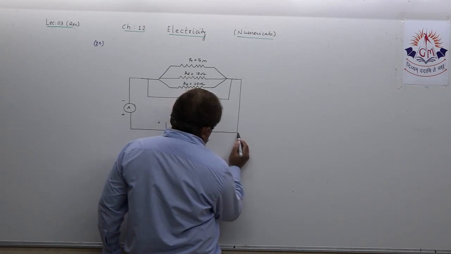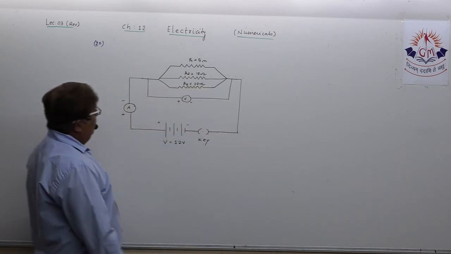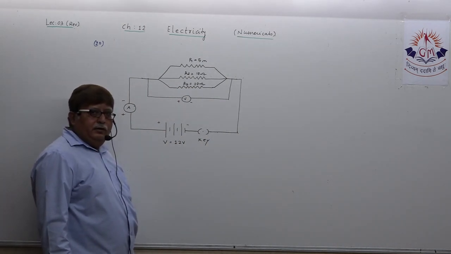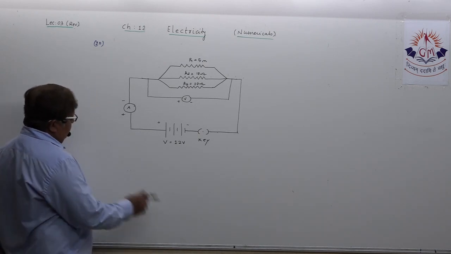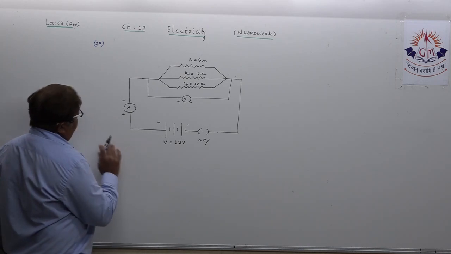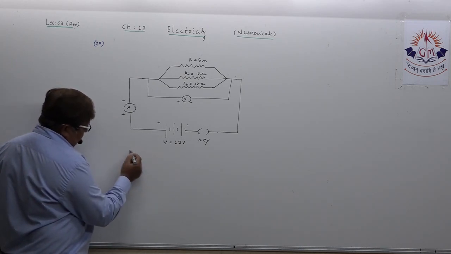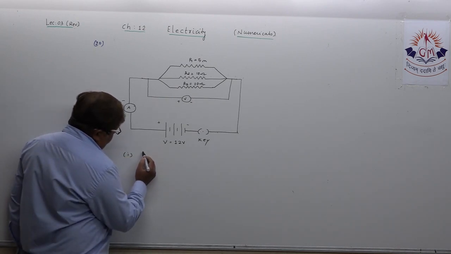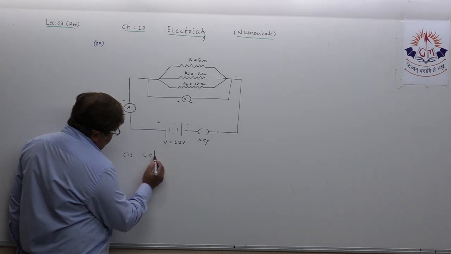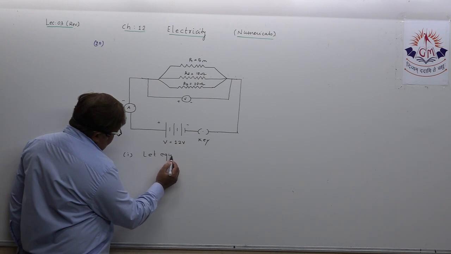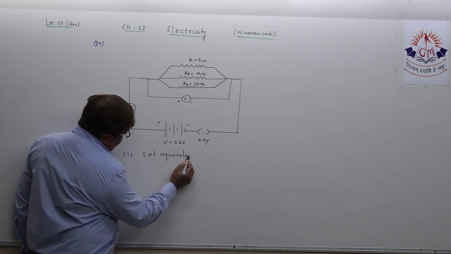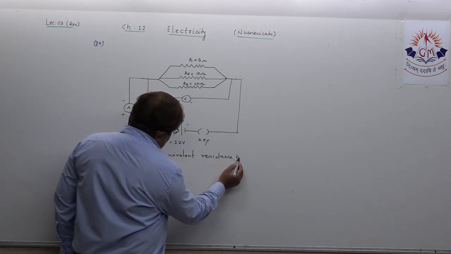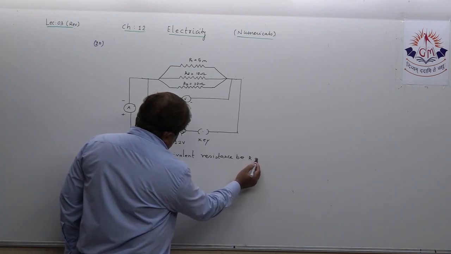After you draw the schematic circuit diagram, now all resistors are in parallel connection. So what you will mention first is that you have to start this way. This you need to mention every time. Let equivalent resistance be R ohm.